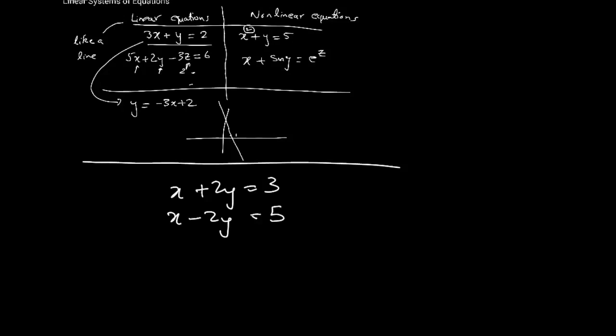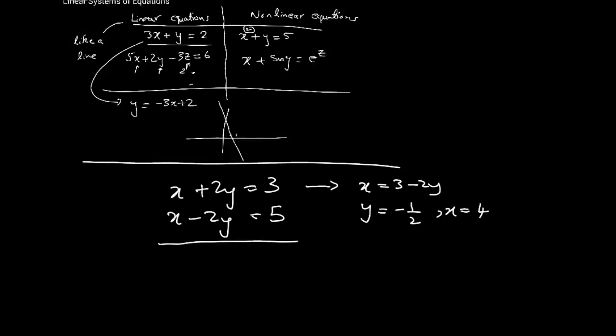There are two ways to solve this. You can use substitution, whereby you say x is equal to 3 minus 2y, substitute it into the other equation, and it gives you y is equal to minus a half, and so x turns out to be 4.